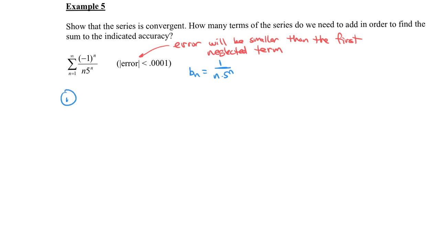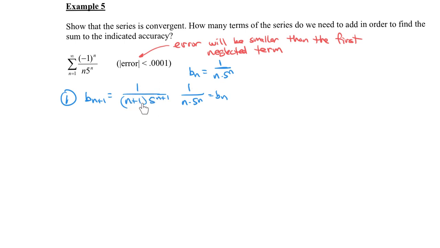So let's check these conditions for the alternating series test. First one, b sub n plus 1. If I replace the n's with n plus 1, I get 1 over n plus 1 times 5 to the n plus 1. Now if I compare that to b sub n, we can see that the denominator here is bigger than the denominator here. Numerators are exactly the same.